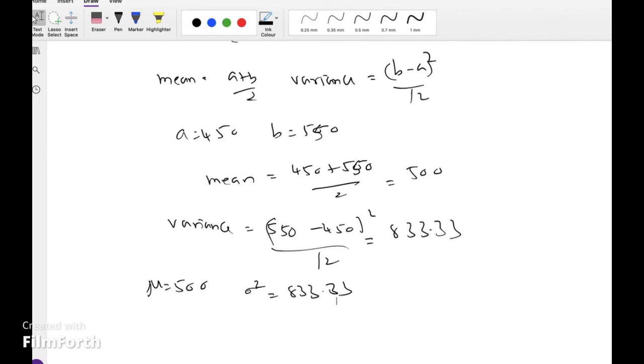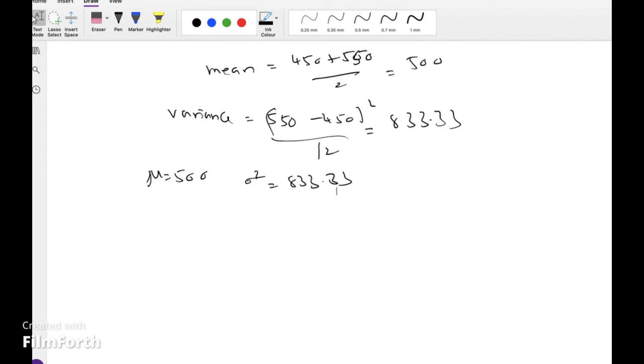And given 4 resistors, so n is equal to 4, since Sn equals R1 plus R2 plus R3 plus R4.